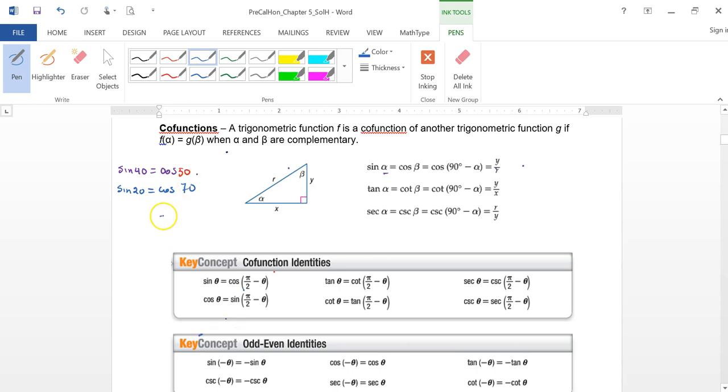So if I have secant of 35, that's the cosecant of 90 minus 35, which is 55. So sine with cosine, secant with cosecant. If I have the cosecant of 10, that's the secant of what? 80.